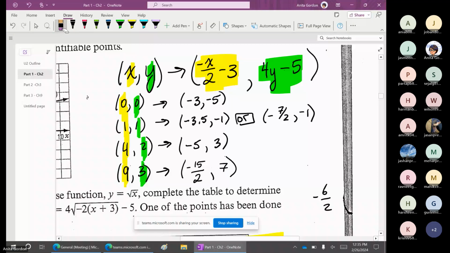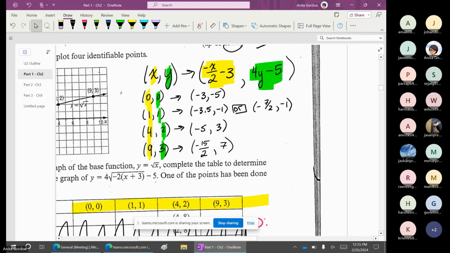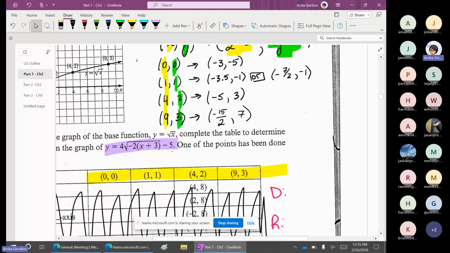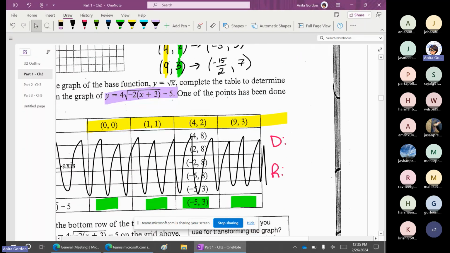Match up? Okay, talk about domain and range. Here is the transformed equation. Think of how we did domain and range on the last page. First let's do range, because range we can kind of do through observation. I do not have a negative out front, so it's not upside down, so my sign stays the same.